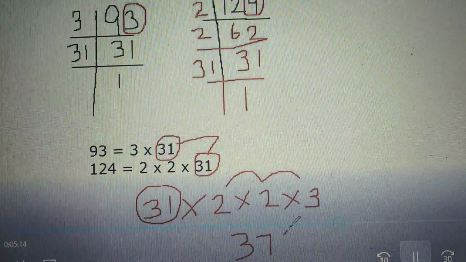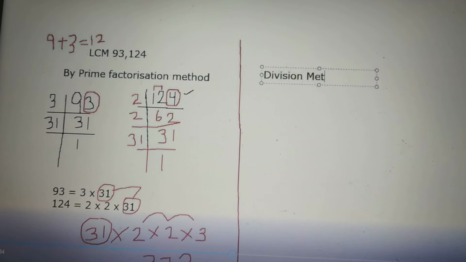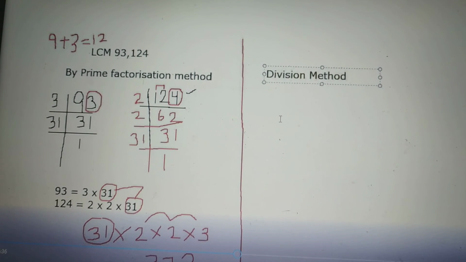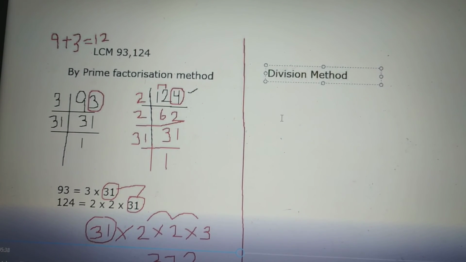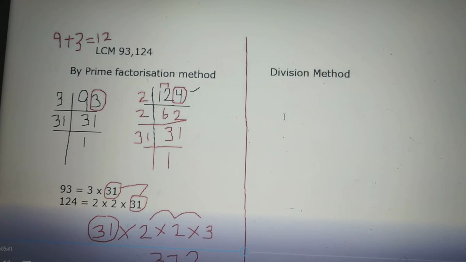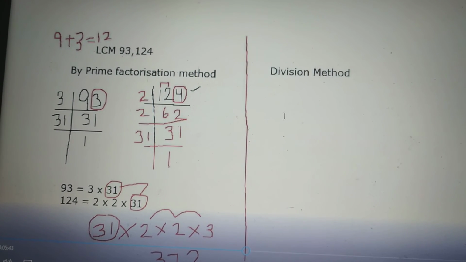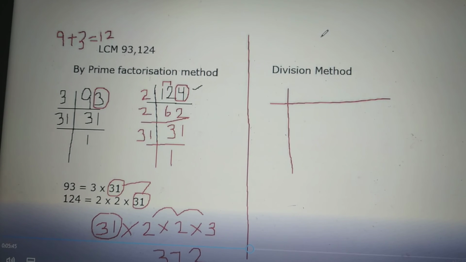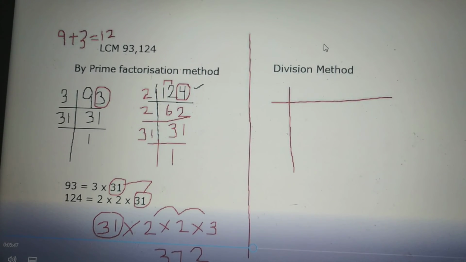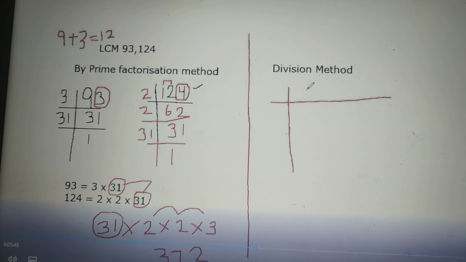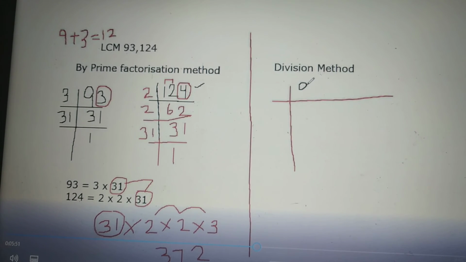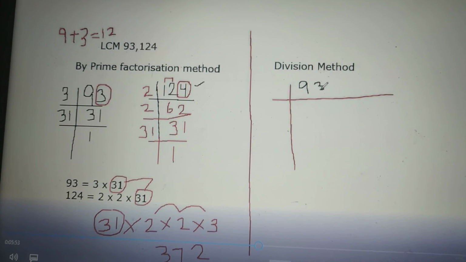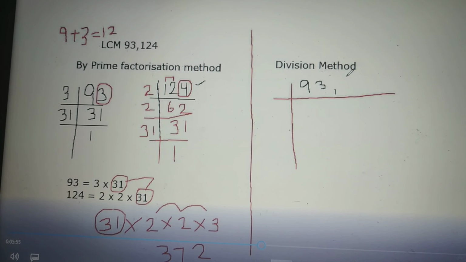So this is the first method. Now look, in the division method, we don't take the numbers individually. We put them in the same column. So I will not make two tables as I did earlier. Now I will write both the numbers in the same table, that is 93 and 124, with a comma in between.